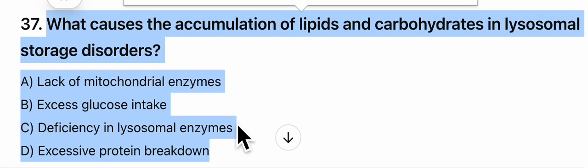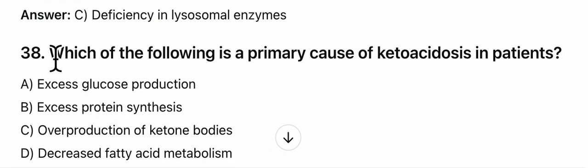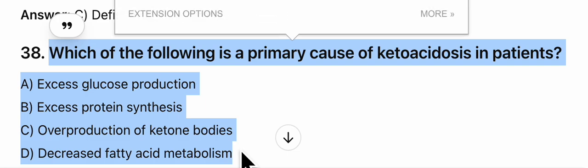What causes the accumulation of lipids and carbohydrates in lysosomal storage disorders? A. Lack of mitochondrial enzymes, B. Excess glucose intake, C. Deficiency in lysosomal enzymes, D. Excessive protein breakdown. Which of the following is a primary cause of ketoacidosis in patients?